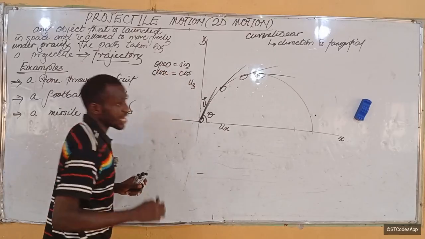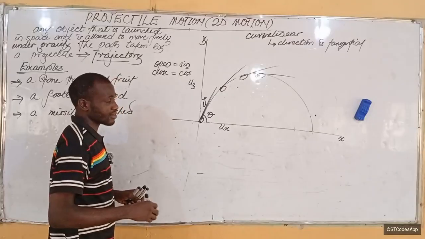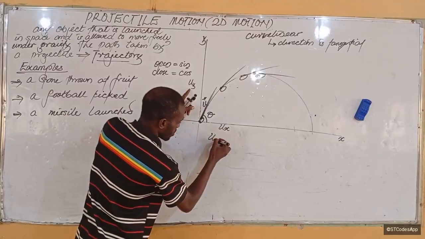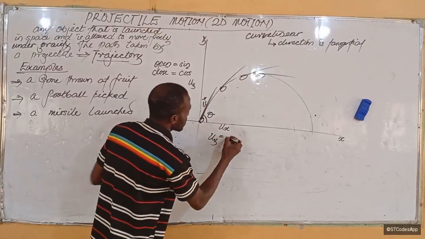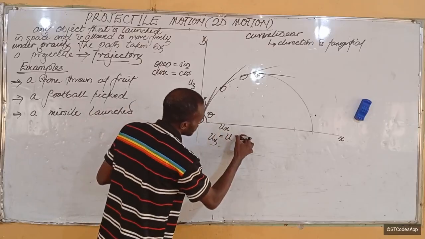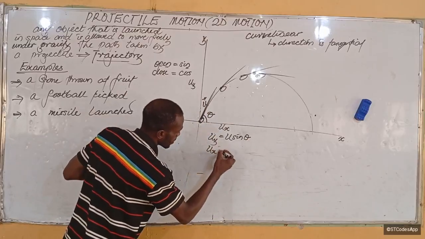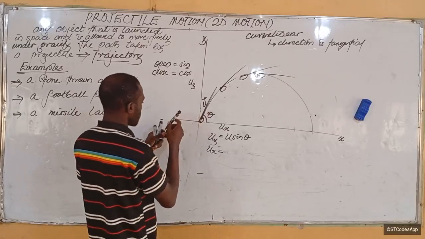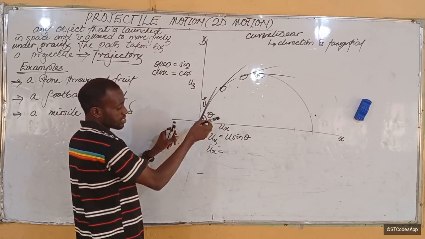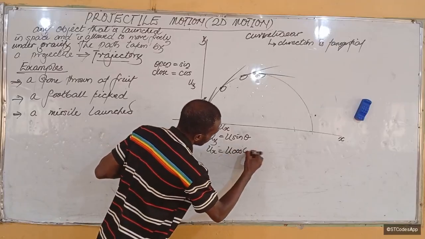So to get the y component, u sub y is going to be u, and since the angle is opening, that is u sine theta. Now u sub x, by resolving this to this line here, we are closing the theta. So as we close it, it becomes u cos theta.